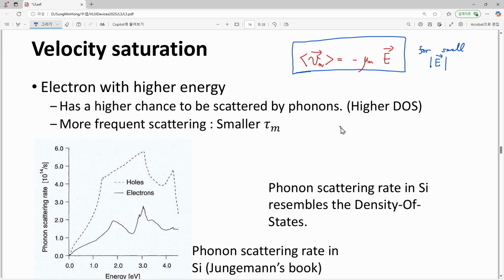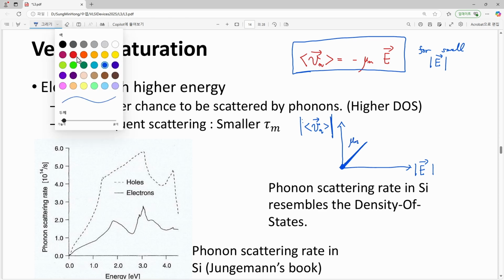So simply speaking, if we draw the magnitude of the electric field and the magnitude of velocity, then at zero electric field there is zero velocity, and there will be a certain slope, and this slope corresponds to the mobility.